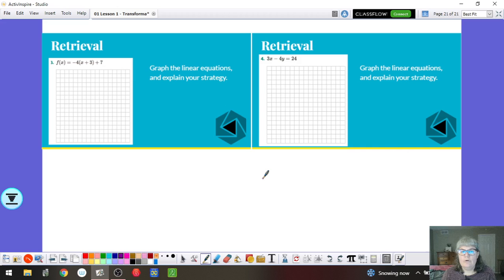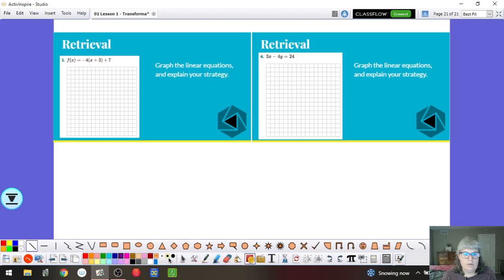I mentioned earlier that the transformations for quadratics also work for lines. So I'm going to put my axes on these graphs here quickly.